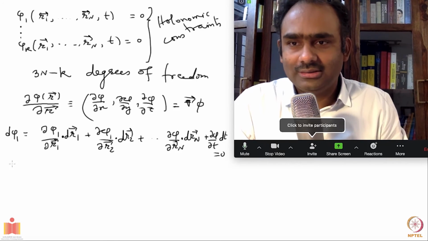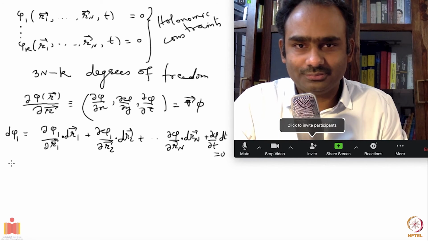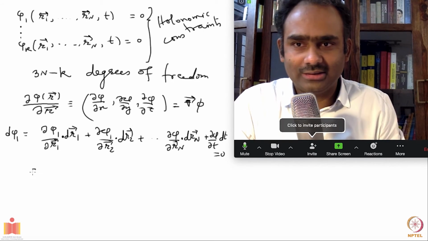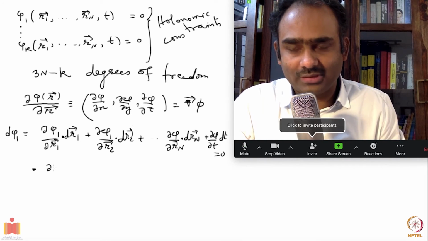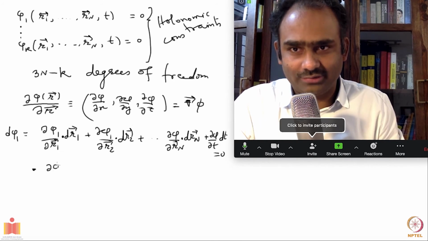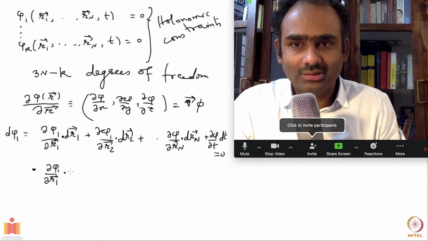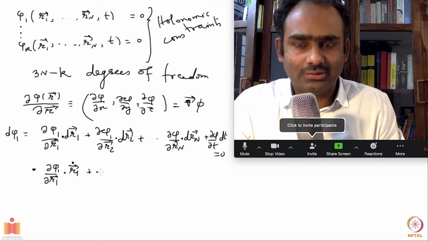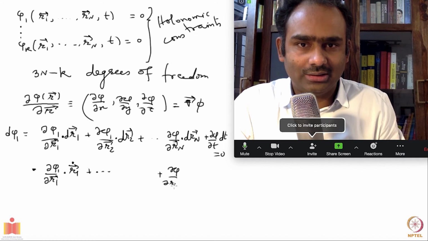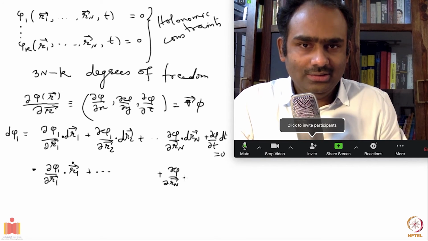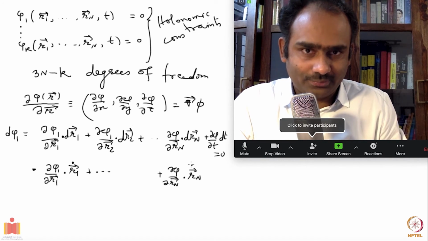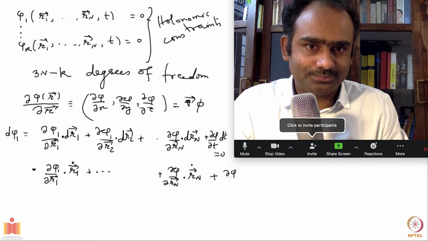Now if I divide by dt, I can write another relation which now constrains the velocity. So ∂φ1 over ∂r1 dot r1 dot, and so on and so forth, plus ∂φ over ∂rn dot rn dot, plus ∂φ over ∂t.